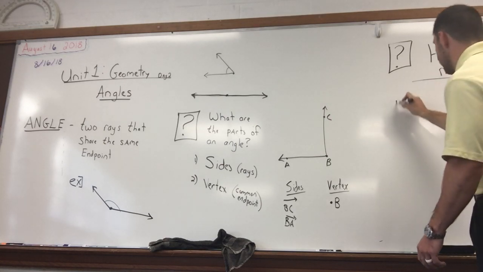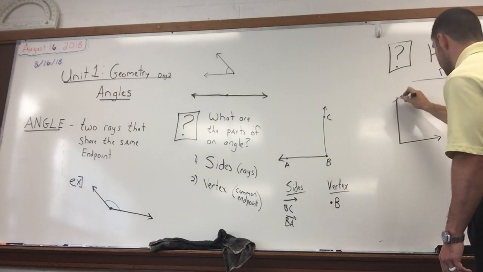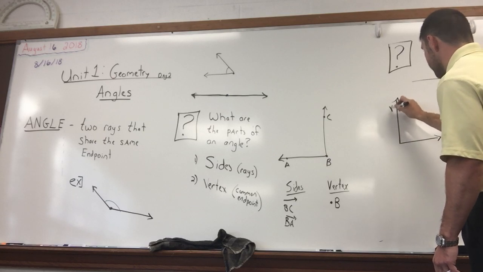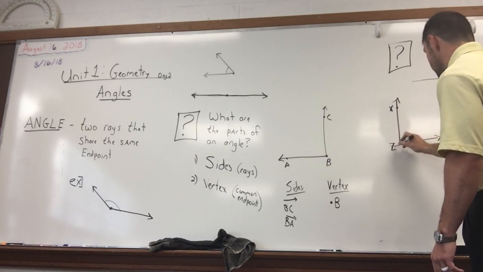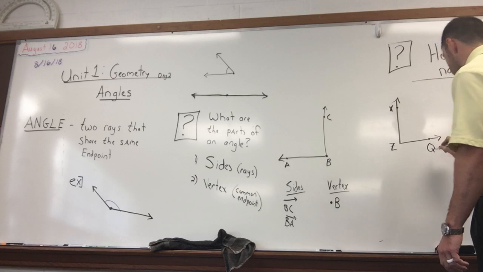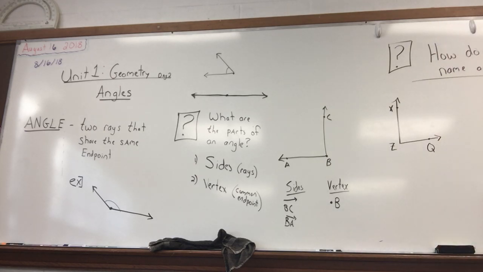One more time, I'm going to draw an angle. We've got X, Z, Q. I'm going to show you how we name an angle. There are a couple different ways.